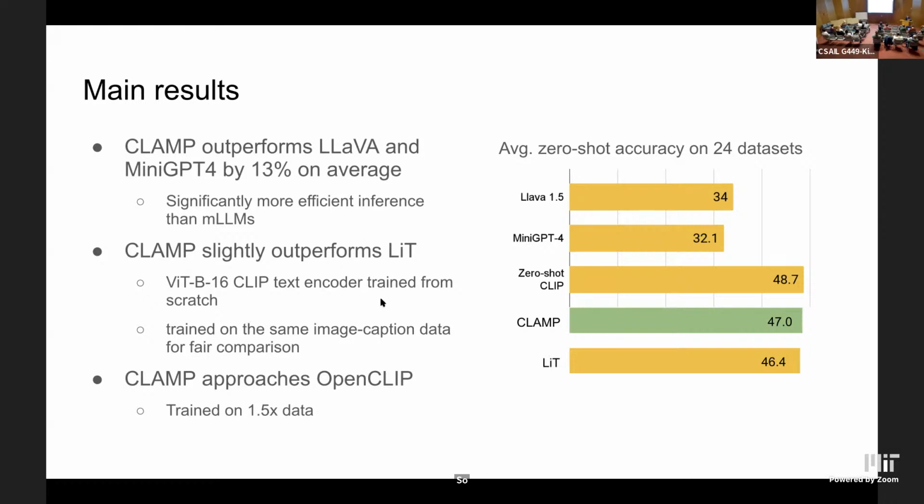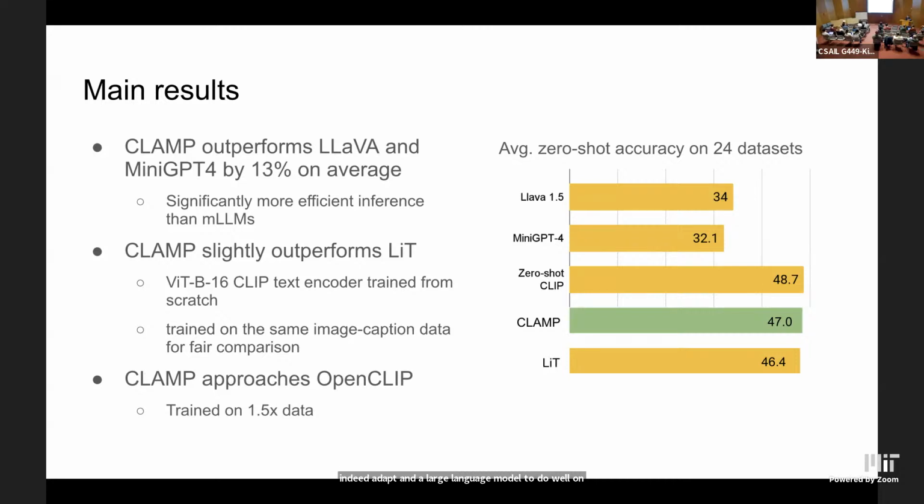This is the most fair comparison, whereas CLIP is not so fair because it's trained on more data. If we compare to no pre-training of the LLM, just a custom text encoder, we slightly outperform that approach. I think this is interesting because it's a proof of concept that we can indeed adapt a large language model to do well on this task.